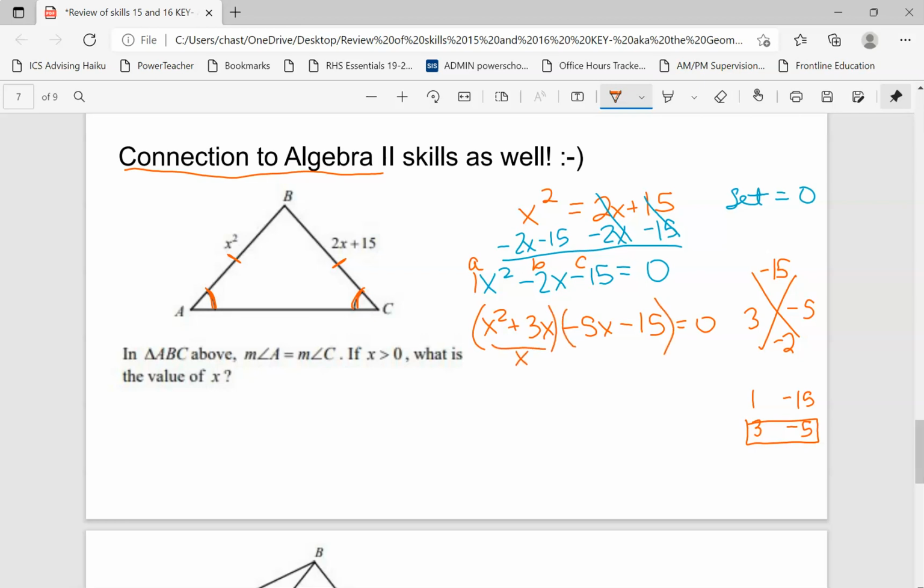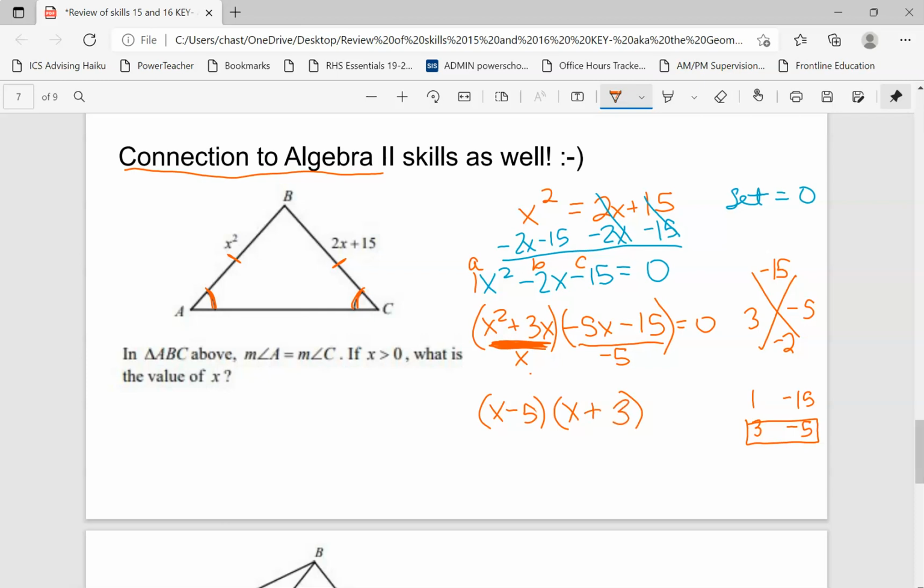In the first group we have x in common, and in the second group we have negative 5 in common. So x minus 5 will become one of our factors. When we divide each of these groupings by their GCF, x squared divided by x gives me x. 3x divided by x gives me 3.